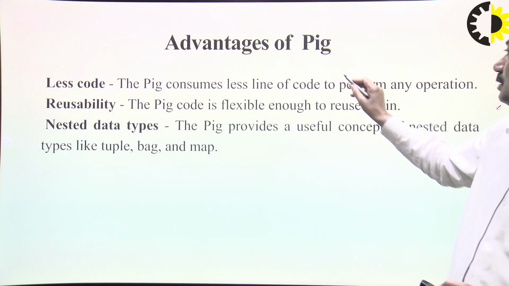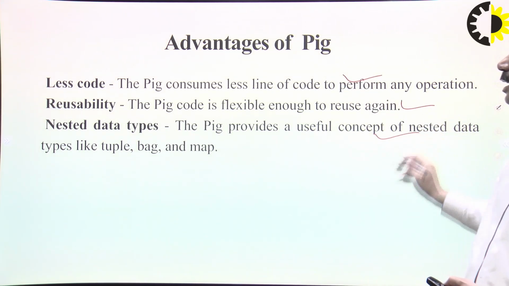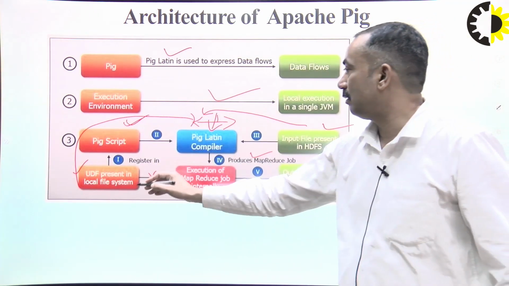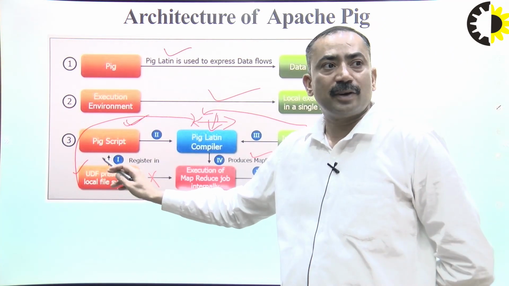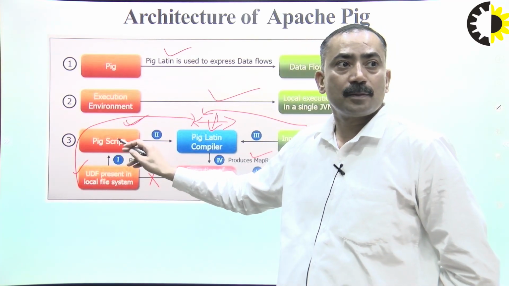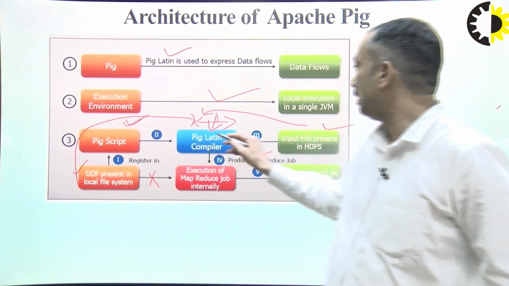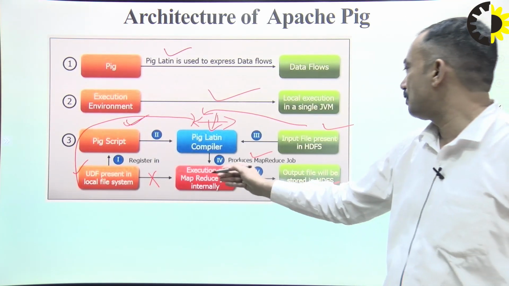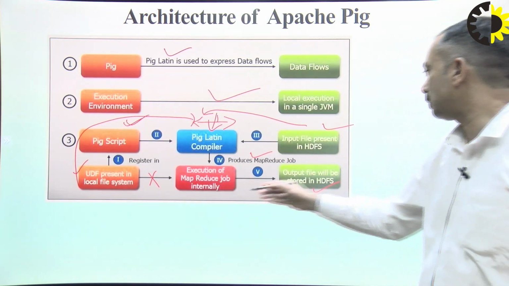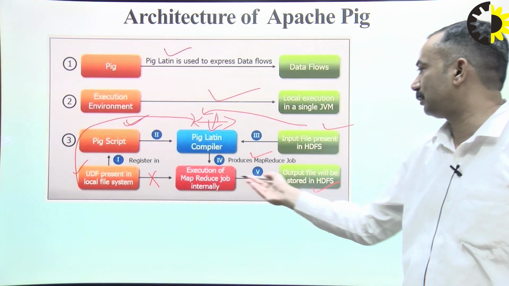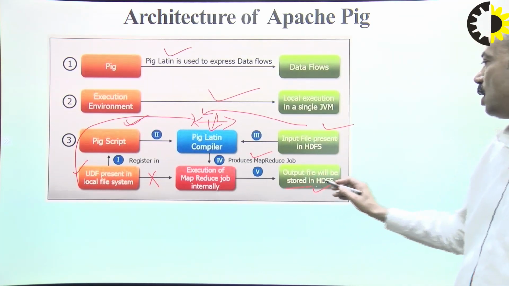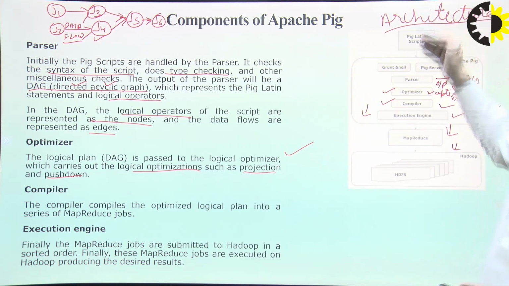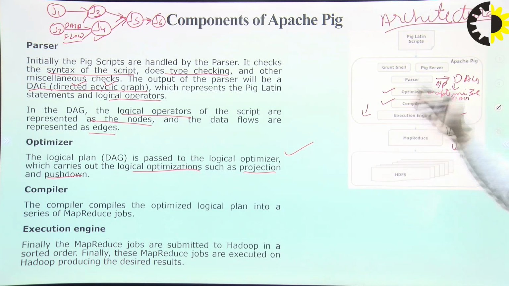We have advantages like less code, reusability, nested data types, and the flow of data via user-defined functions takes help from Pig script. The compiler takes input, a Pig script, and produces a MapReduce job, and the execution of these MapReduce jobs internally generates an output file that will be stored in HDFS.